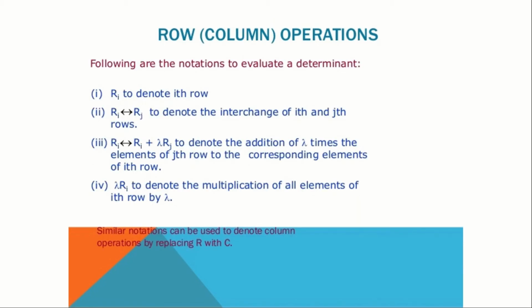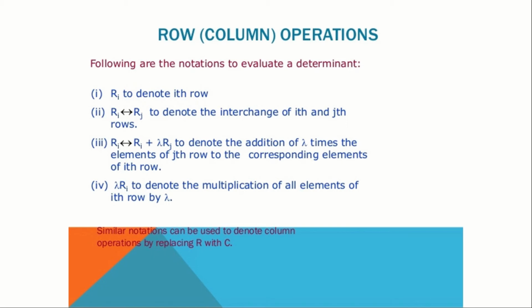Row or column operation. Following are the notations to evaluate a determinant. First point is Ri, where i is the number of that row. Ri denotes the ith row. It can be any row, first, second, third or fourth. Next, Ri interchange to Rj, the double arrow mark, denotes the interchange of the ith and jth rows. Next, Ri replaced by Ri plus lambda Rj.